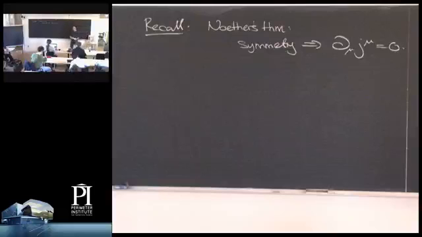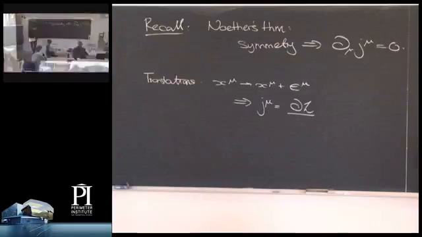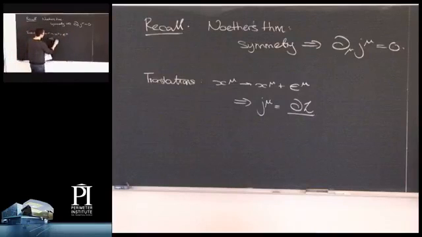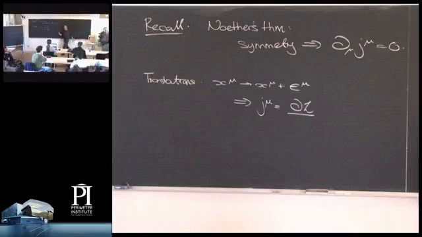And we looked at a very specific example. So the example was translations. Which meant that we had the following conserved current. And as I stressed in the last lecture, the nice thing about Noether's theorem is that you can actually construct the current.